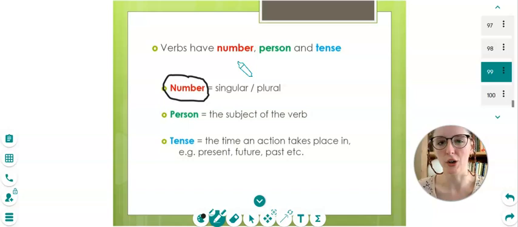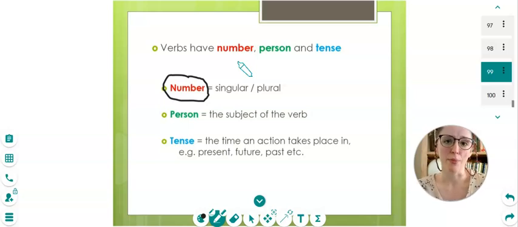So what does that look like in English? Well, in English, if a verb is singular, that means only one person is doing it. So an example of singular verbs would be I run, you run, or he, she, or it runs. Just one person is running, so we would say that verb is singular.